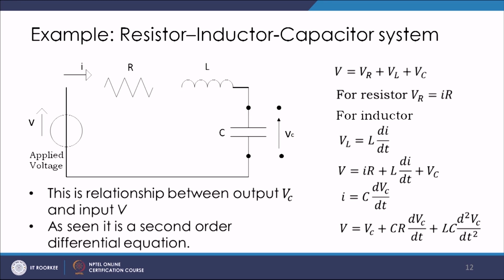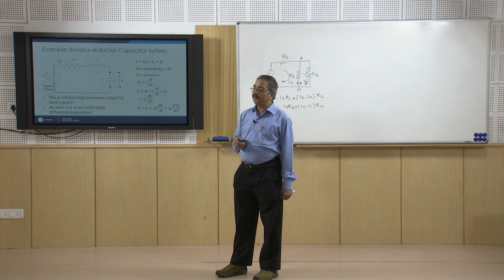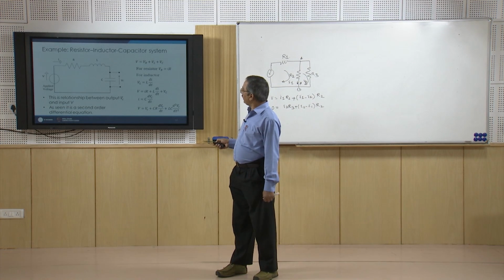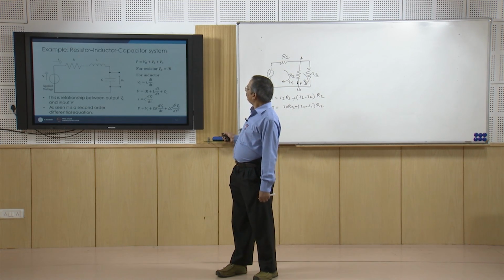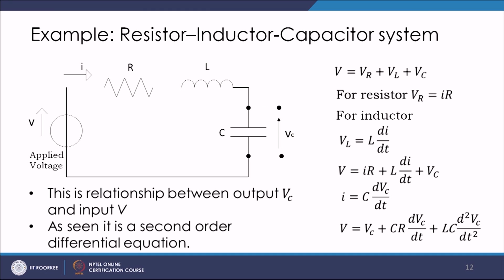So, we can again use Kirchhoff's voltage law, and here V is VR plus VL plus VC, that is the voltage drop across the resistor, inductor and the capacitor, and this is equal to the input voltage. Now, for the resistor building block VR is equal to IR, where I is the current through the resistor and R is the resistance of the resistor. For the inductor likewise I can write VL is L di by dt.